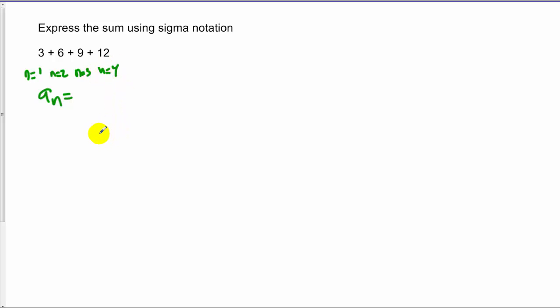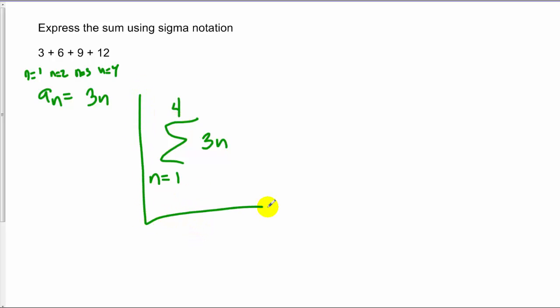That's the way I choose to do it. So you'll notice this isn't too hard to generate. Our nth term is basically equal to 3n. So if I say I want to add the terms generated by the sequence of 3n as n goes from 1 to 4, incrementing by 1, that will generate that sum.